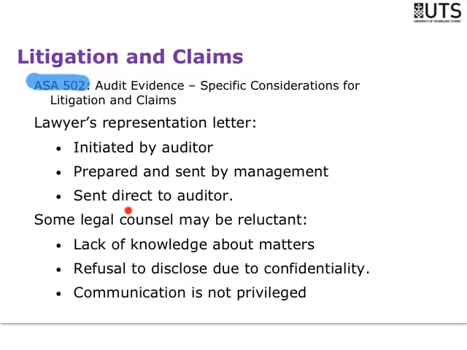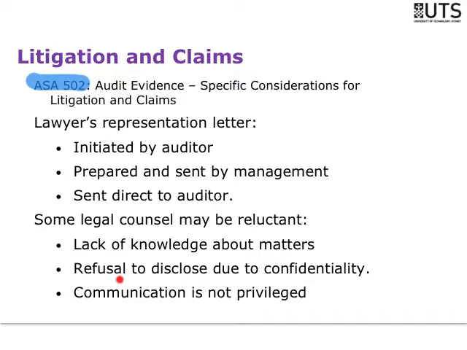However, legal counsel might be reluctant to provide all of this information because there might be a lack of knowledge about these matters. If this is a very early stage legal proceeding, then the lawyer will not be particularly knowledgeable about the likelihood of the outcome. So they might be less willing to provide detailed information about the case, especially if some of it is sensitive to ongoing proceedings.